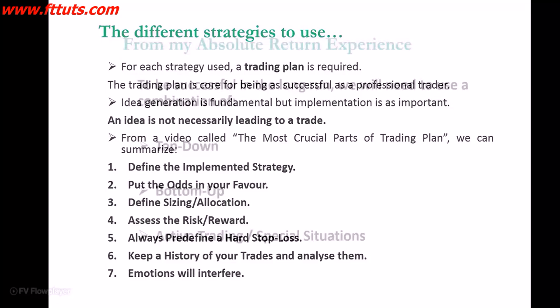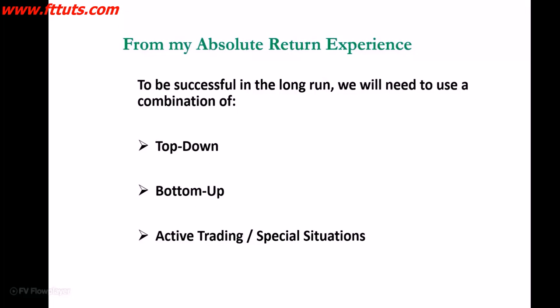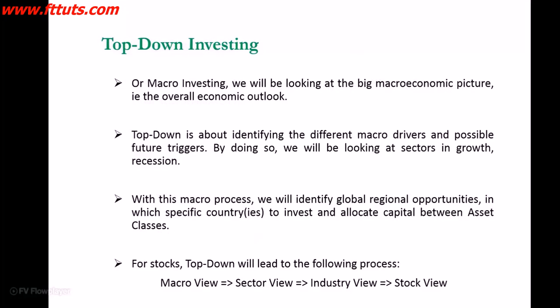So from my absolute return experience, to be successful in the long run, we will need to use a combination of top-down strategies, bottom-up strategies, and active trading special situation processes. In top-down or macro investing, we will be looking at the big macroeconomic picture, i.e. the overall economic outlook. Top-down is about identifying the different macro drivers and possible future triggers.